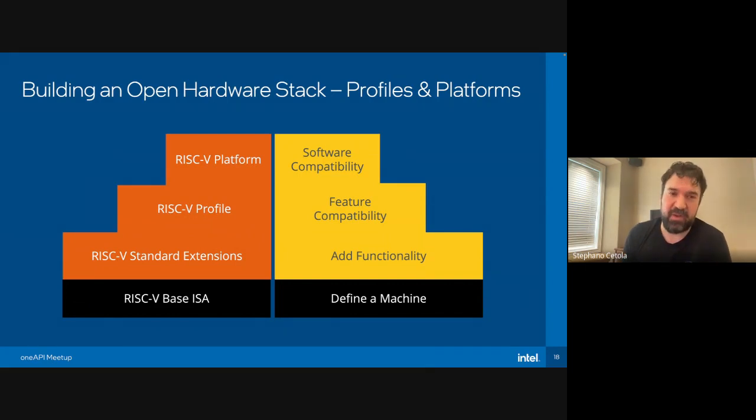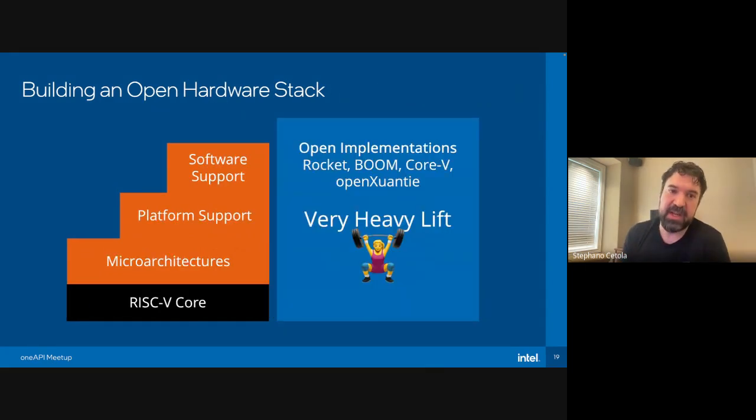And you can think about how this lowers the bar to entry, in that it's going to be a really heavy lift if you have to take this RISC-V core, build all of this microarchitectural and platform support on top of it, and do it all yourself. Not only is it going to be really hard, but it's going to encourage fragmentation such that each platform is going to need its own spin of whatever software runs on top of it.